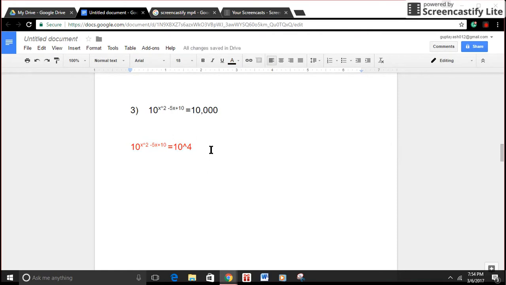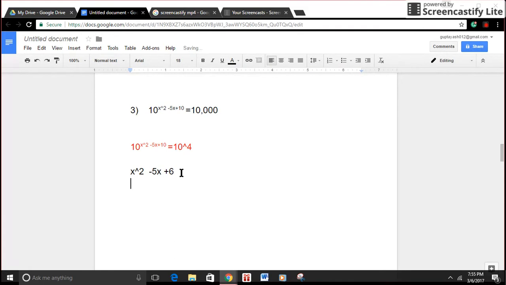Now this way we could just set this equal to this. And when you do that, that essentially leaves you with x squared minus 5x plus 6.